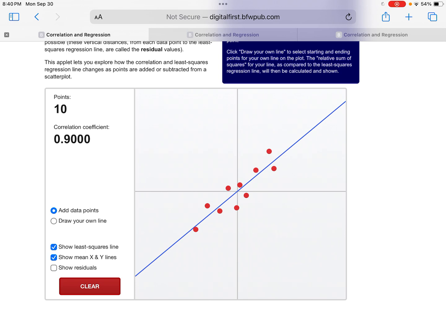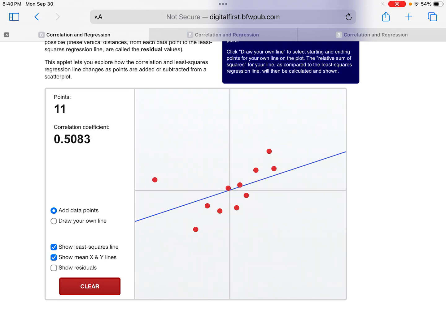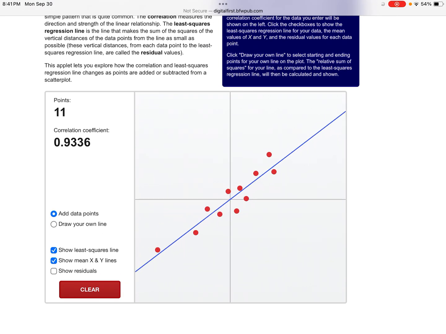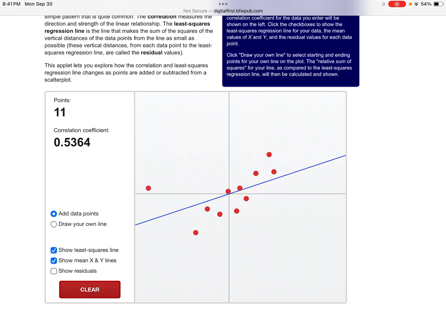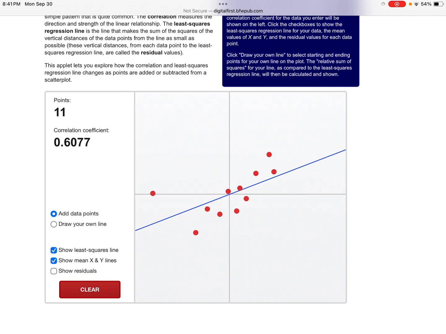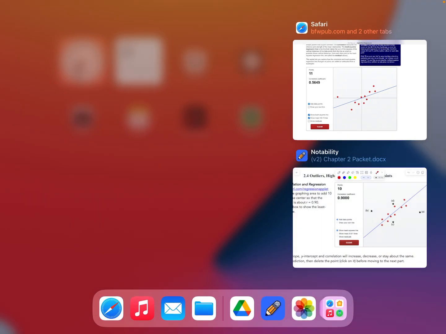And I'm going to add in point B. Oh, and again, we can see the line is tilting towards this particular point. So what exactly is happening? Well, the slope is decreasing. The y-intercept is increasing. And the correlation coefficient is decreasing.